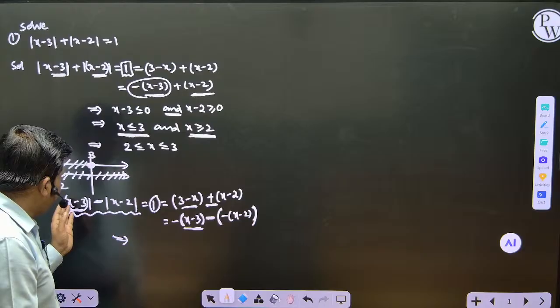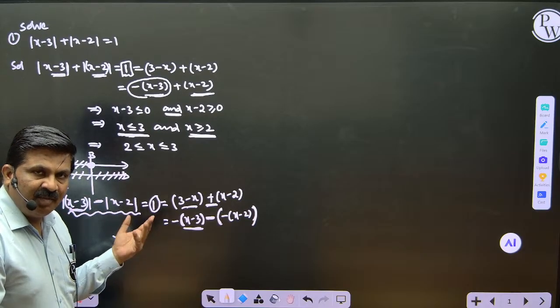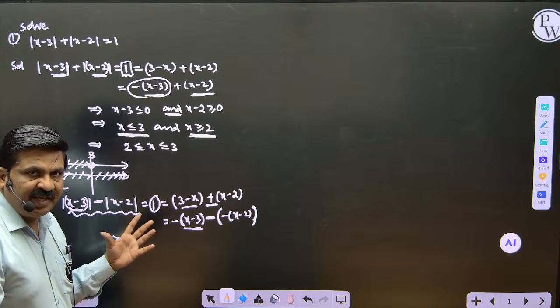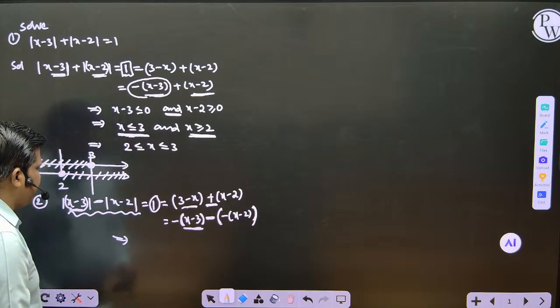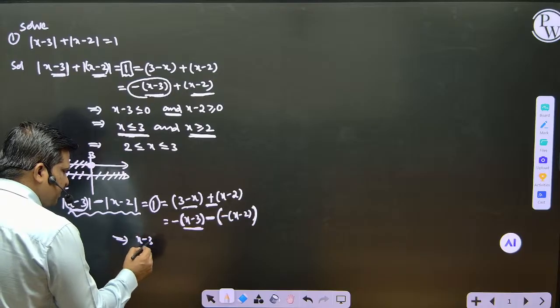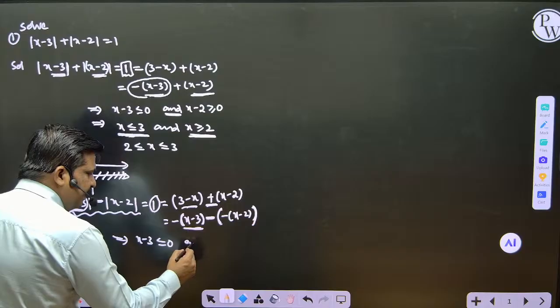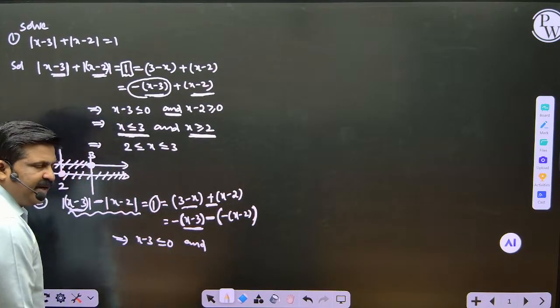For 0, here we get a 0, but here we get a minus 0. 0 and minus 0 are both the same. That's why we can take negative as well, 0 also considered here. So x minus 3 is less than or equal to 0. And because these two must be satisfied simultaneously, or not.